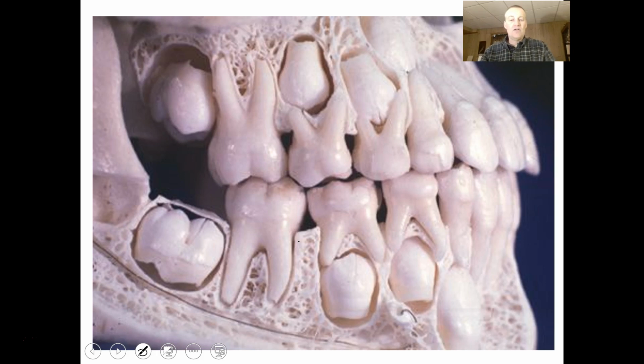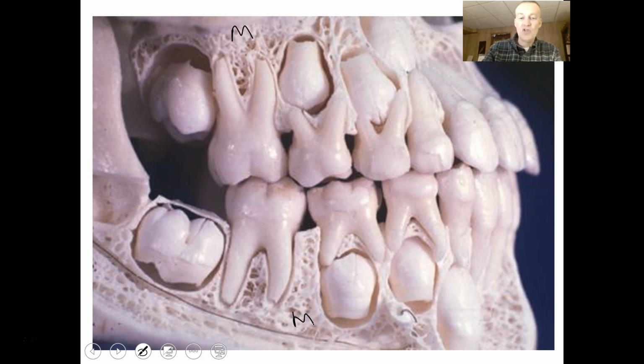I love this picture because it shows basically a real person's jaws. The maxilla and the mandible have been eroded away, so you can see how the teeth are anchored in.